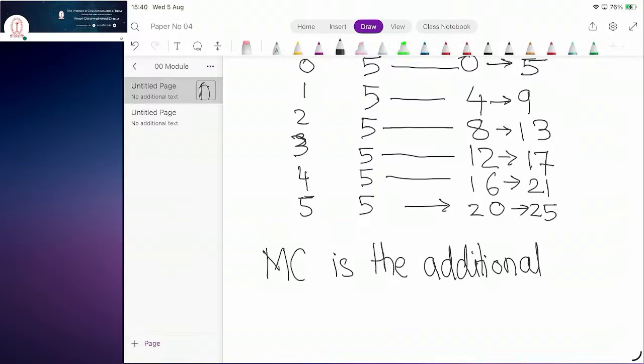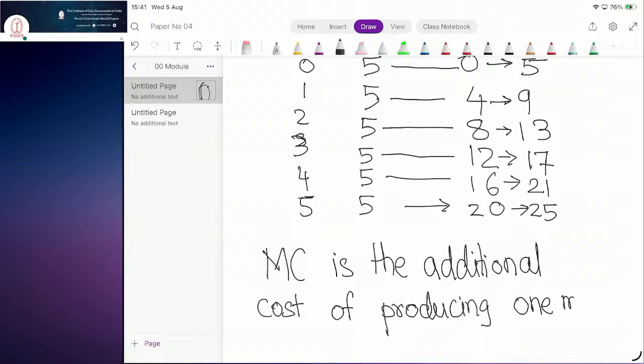Marginal cost is the additional cost of producing one more unit of output. One more unit of output.